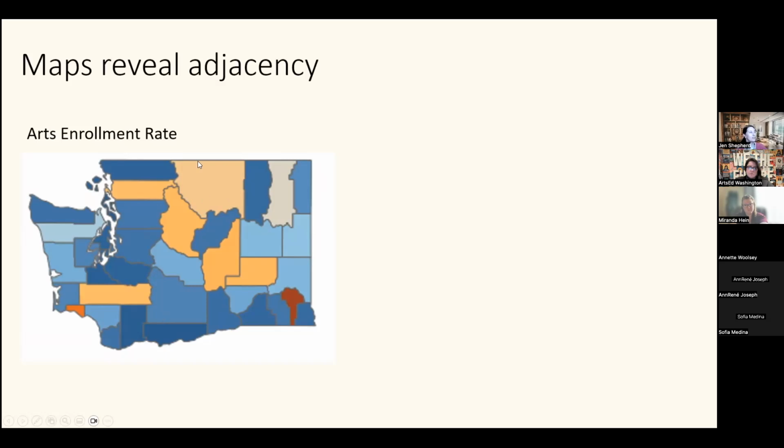But would you necessarily be able to realize that these kind of cluster together? All of these lower but not lowest counties are all up here in this part of the state together. A map makes that really easy to see, and it's harder to see in other graph types, whereas the map makes that really apparent.